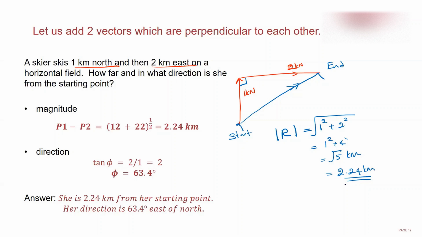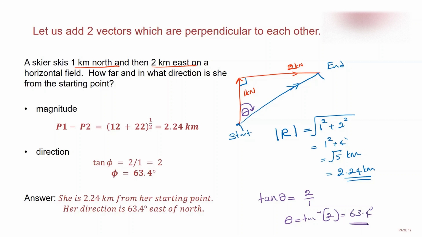To find the direction, we use the trigonometric relationships and we can write tan theta is equal to opposite over adjacent, 2 over 1. So theta is equal to tan inverse 2, which is equal to 63.4 degrees.